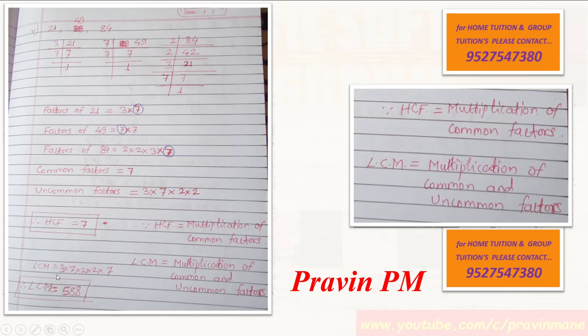LCM is multiplication of common factors and uncommon factors, so 588. So now after doing this, we know HCF is equal to multiplication of common factors and LCM is equal to multiplication of common factors and uncommon factors.